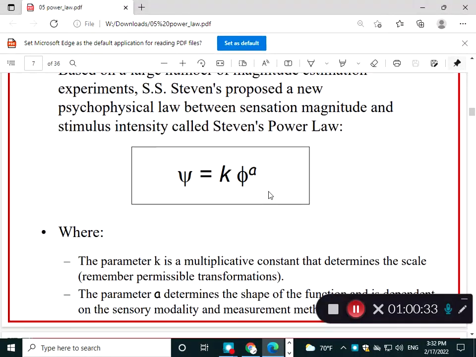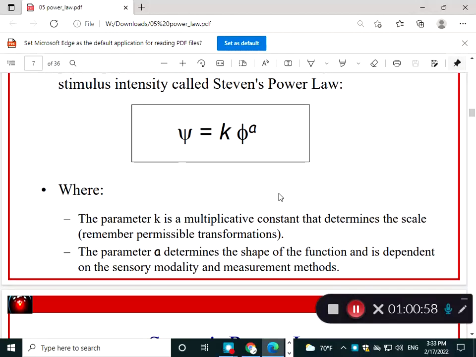Okay? Now, because I need to let you go, first I'll just say that the power law basically says psych equals k times b to the alpha, rather than the log function. Now I have a power function. The alpha term here could be greater than 1, could be equal to 1, could be less than 1.